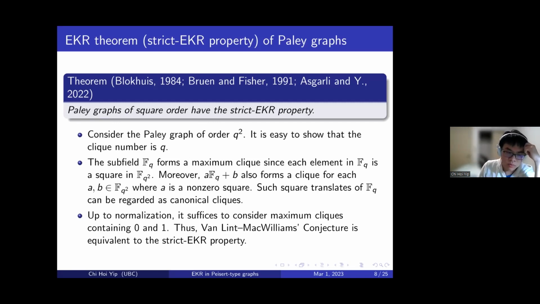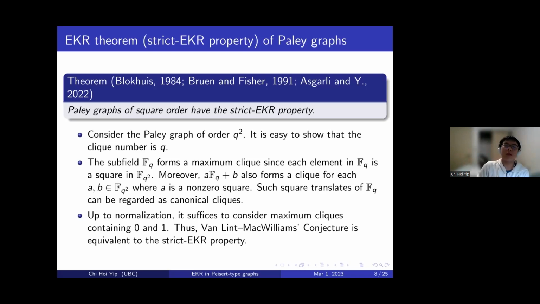For example, it is known that Paley graphs are strongly regular, so you can use the ratio bound to give an upper bound. The lower bound construction comes from the subfield F_q forming a clique. So the clique number must be q, which means the subfield F_q is a maximum clique.